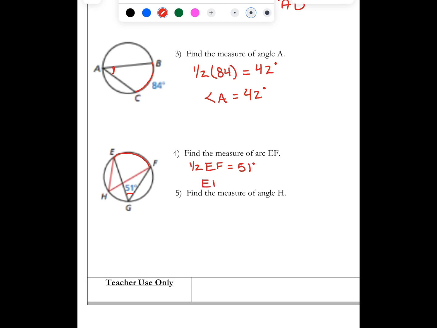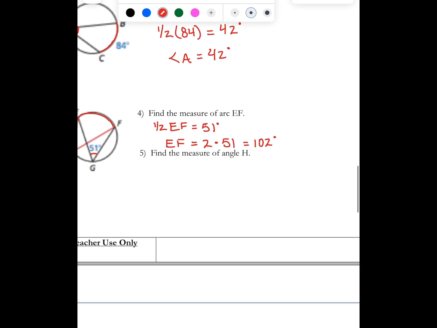So EF is equal to 2 times 51, which is 102 degrees. So off to the side, we can say arc EF equals 102 degrees.